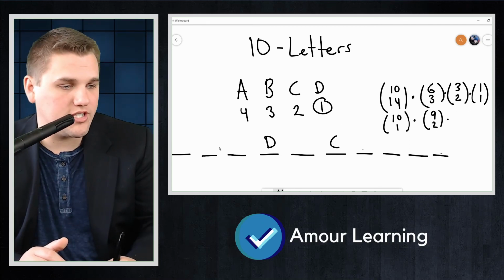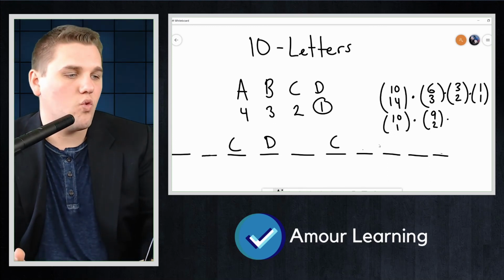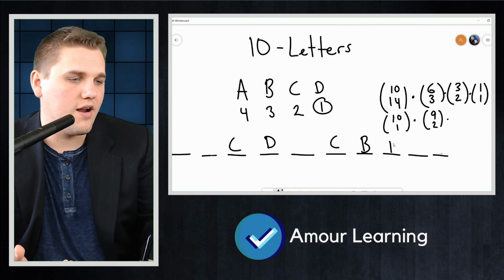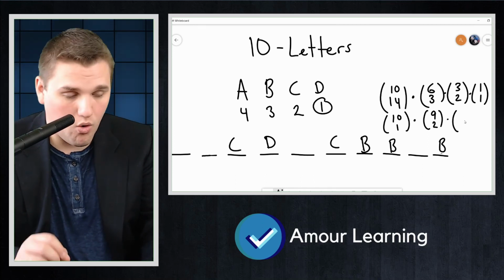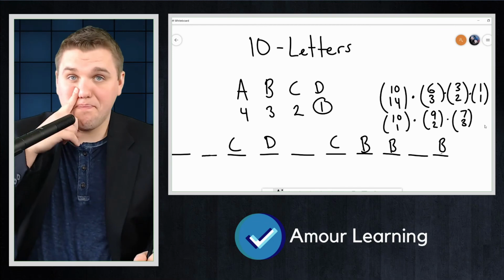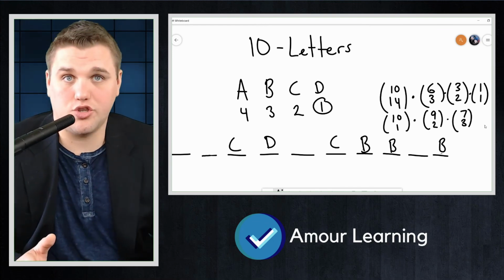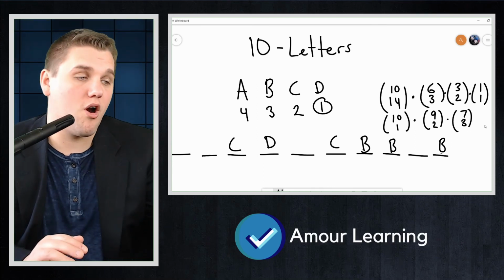So maybe we put our C's here, and now we need to fill 3 of these remaining 7 spots with B's. Maybe there, there, and there. There were only 7 spots remaining, and we wanted to choose 3. So there are 7 choose 3 ways of doing that for our B's.